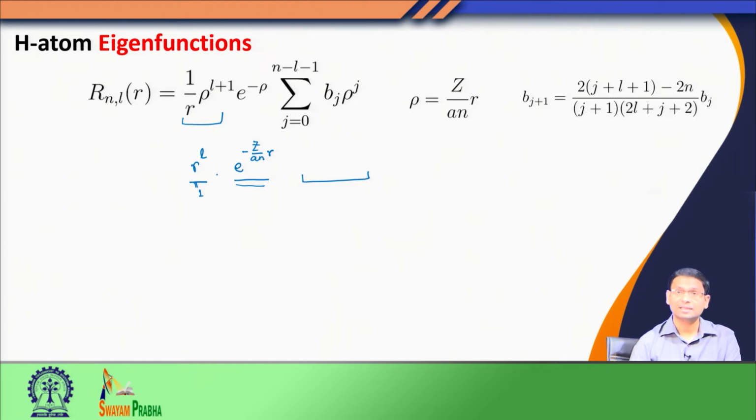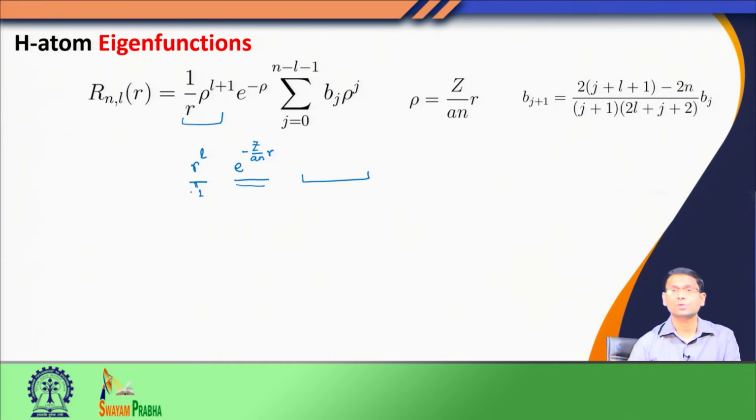What does that mean? That means, when n is large, the radial part of the wave function will survive even for larger value of r. That means, higher principal quantum number would allow the electrons to stay farther away from the nucleus, where r is the distance between the electron and the nucleus. So, these are the two asymptotic solutions.